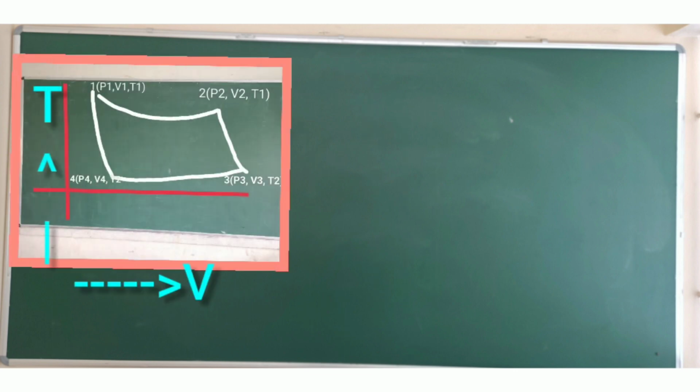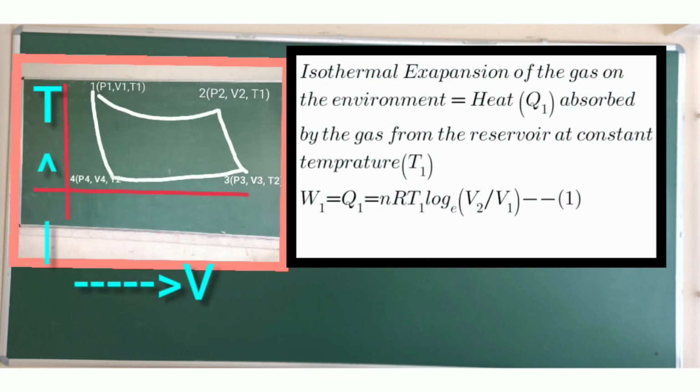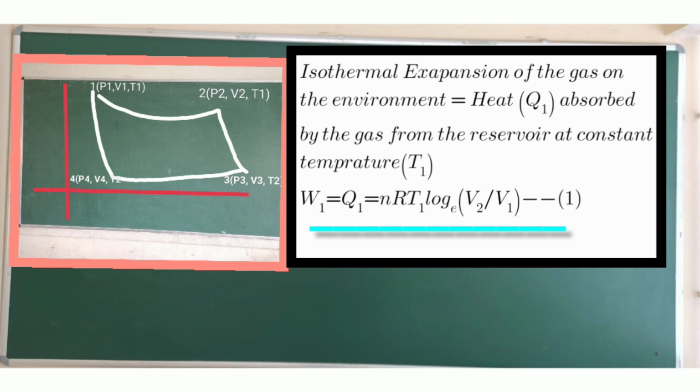When we plot a graph by taking volume on the x-axis and absolute temperature on the y-axis, heat absorbed by the gas from the reservoir at constant temperature T1 is nothing but the work done by the gas on the environment. Therefore, W1 is equal to Q1 is equal to nR T1 log base e V2 by V1.